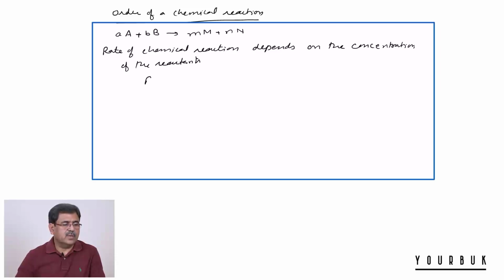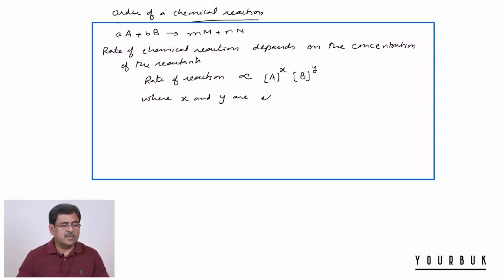So we write the rate of reaction as directly proportional to the concentration of the reactant A raised to the power x and B raised to the power y, where x and y are experimentally determined numbers.